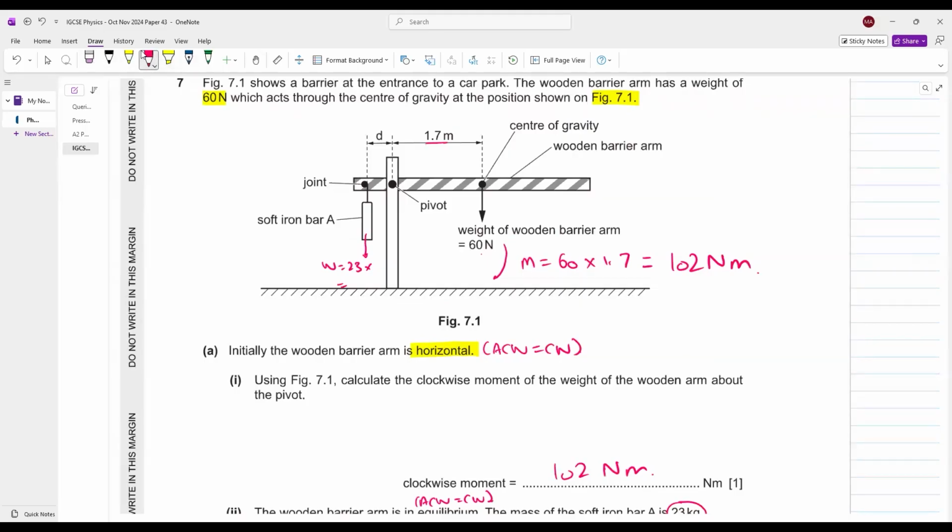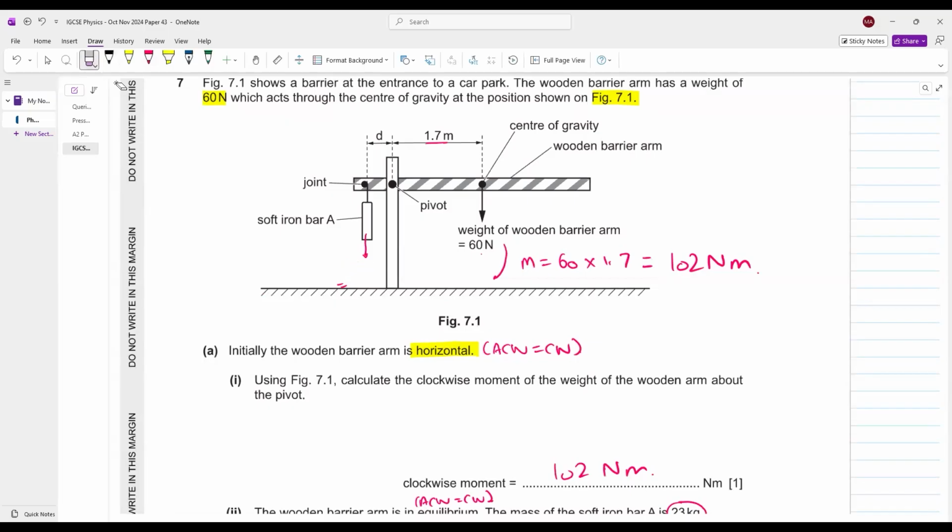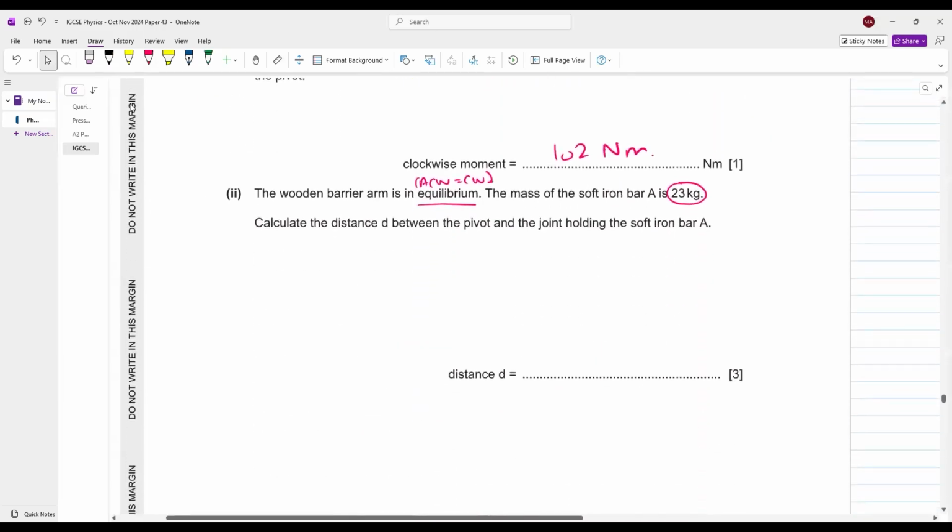Whenever you are doing IGCSE, you will always take the value of g as 9.8. यहाँ पे आपको weight निकालना है. Weight is equal to mg. Mass क्या है? 23. g क्या है? 9.8. Can you calculate the weight? 23 into 9.8. The weight comes out to be 225 Newton. This is your weight of the soft iron bar.